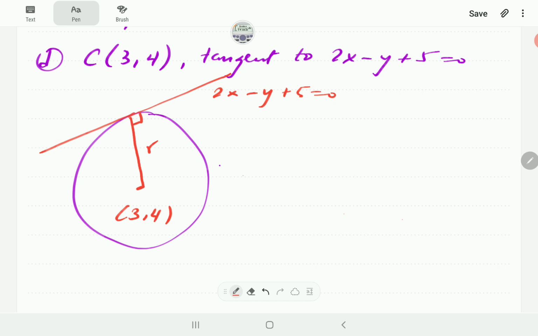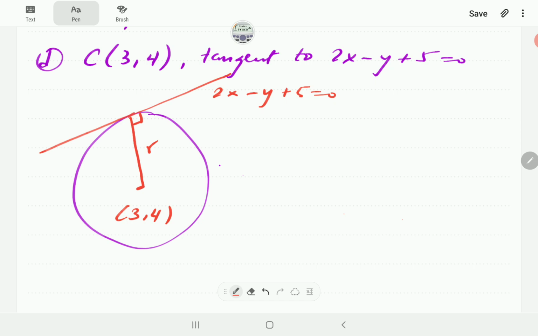Of course, that's going to make that at 90 degrees. The easiest way to do this will be to write this equation in normal form, which we've already seen how to do.